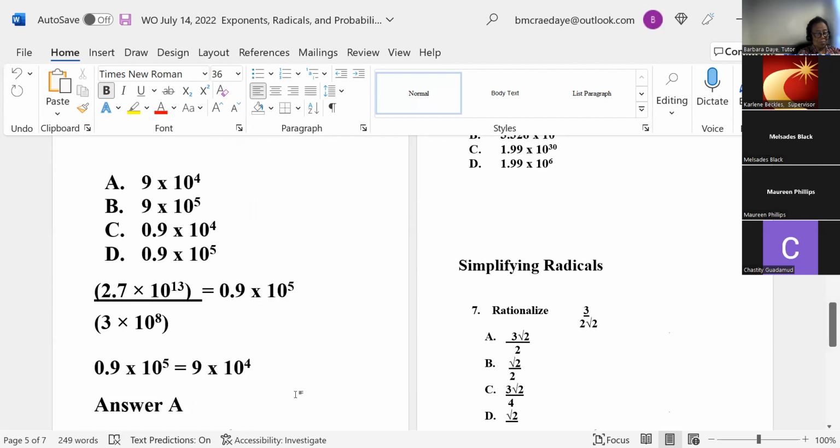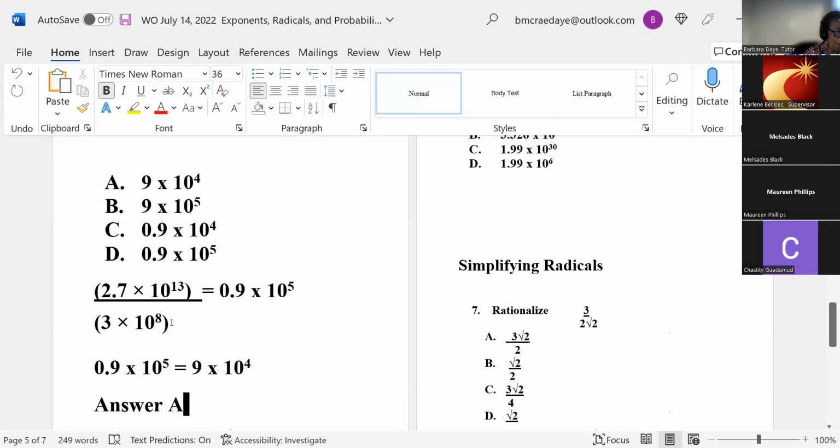Yes, ma'am. So mathematically, you do get 0.9 times 10 to the fifth, but the first part of your scientific notation must be between 1 and 10. So you can eliminate C and D, and you're between A and B.